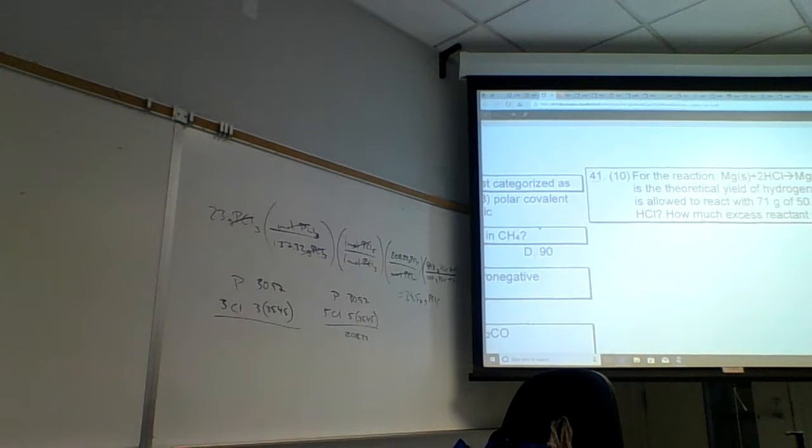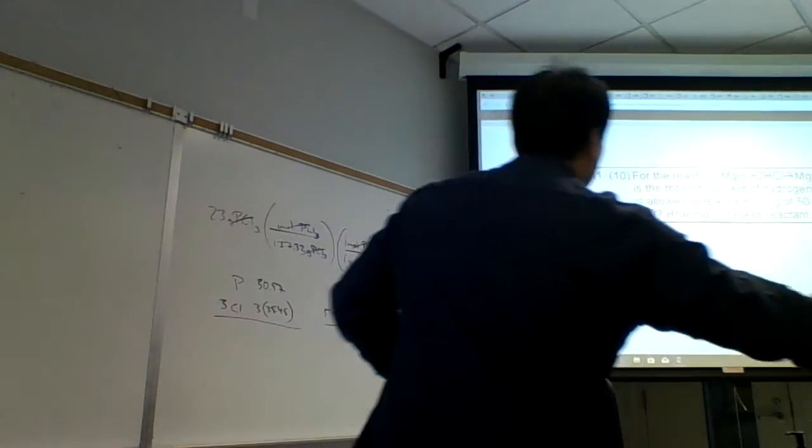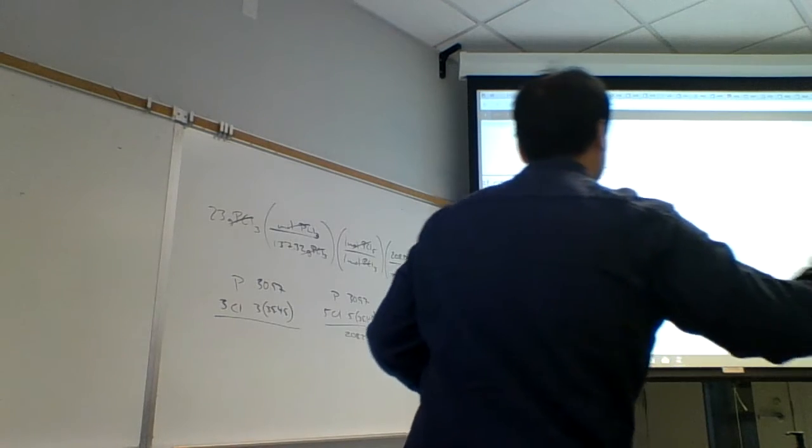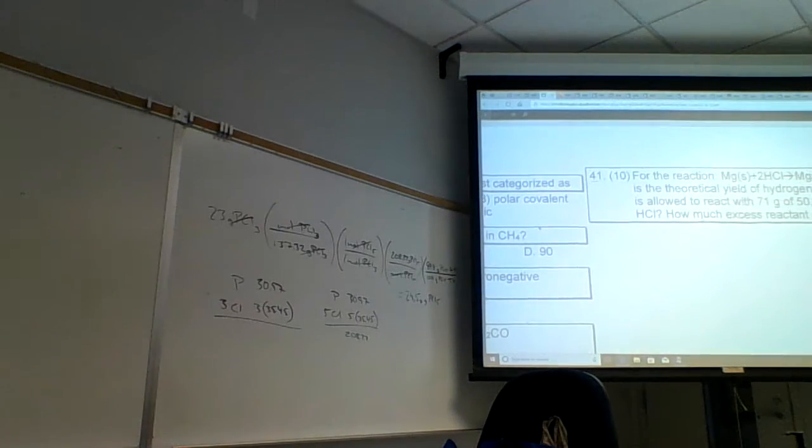So 41, for the reaction. Let's see. So what do we want to do? Step 1, we calculate the yield from magnesium.